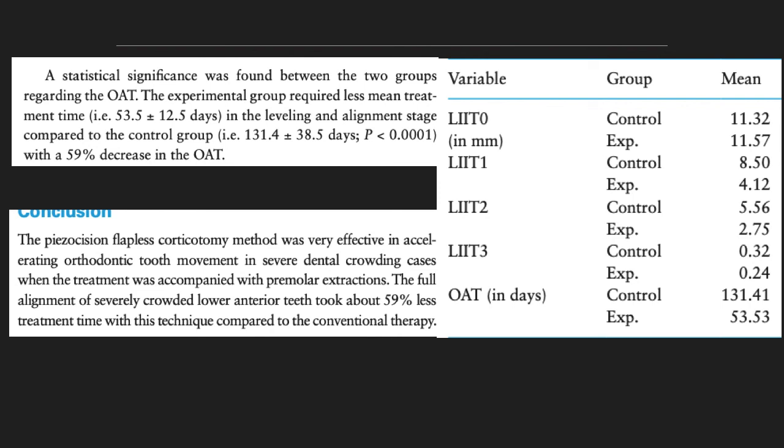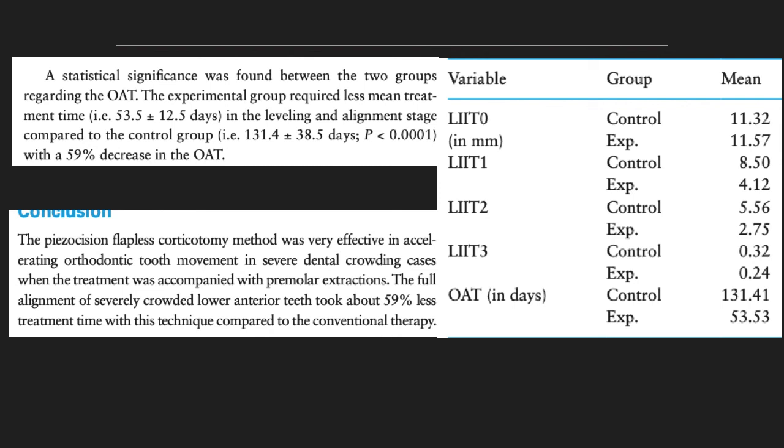If we look at their data or their tables, we will find that the irregularity index in the control group was 11.32, and the experimental group was 11.57 at the beginning of the treatment. After 1 month, there was a high reduction in the experimental group, the result is 4.1 millimeters, while in the control group 8.5.